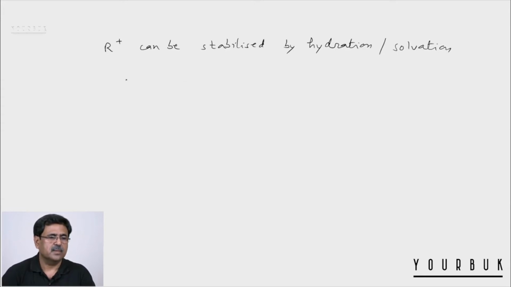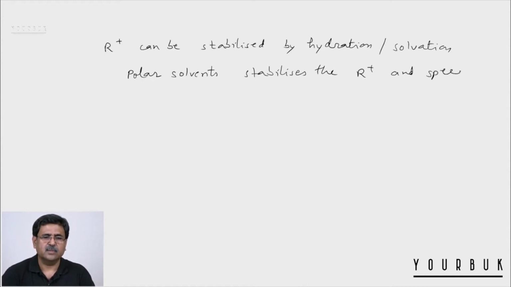It means the polar solvents stabilize the carbocation, and we can say they speed up the SN1 reaction.